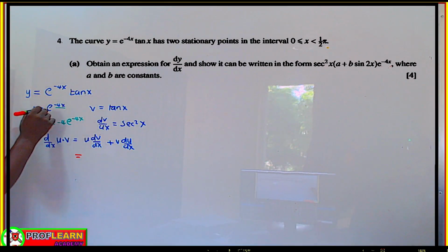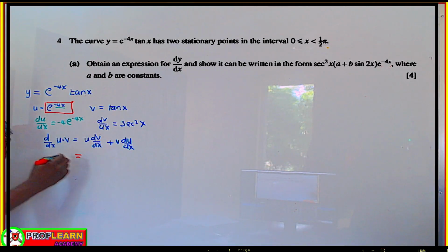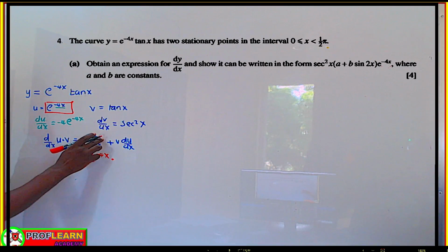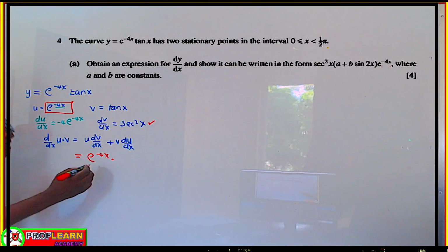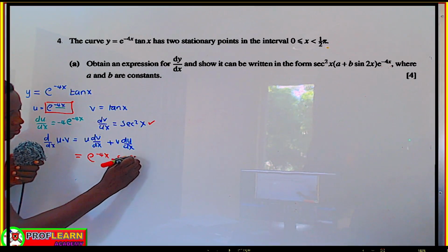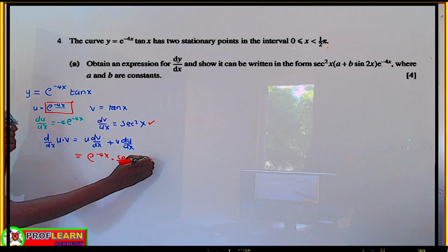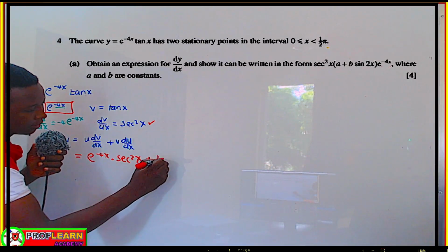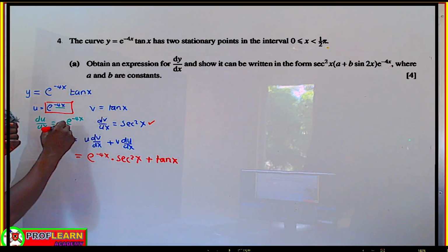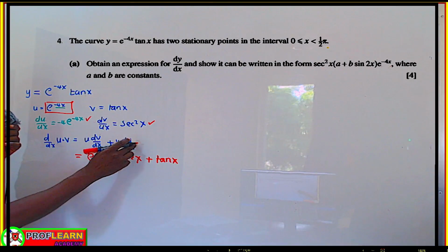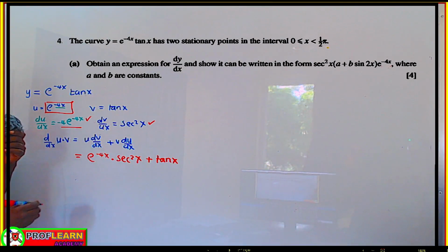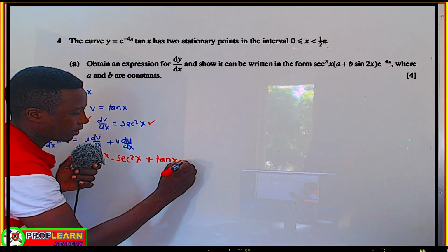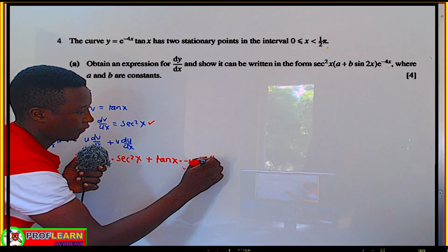Our u is e to negative 4x, so that's e to negative 4x times dv, which is sec squared x, then plus v du. So our v is tan x, and we had gotten our du/dx, which is times negative 4e to negative 4x.